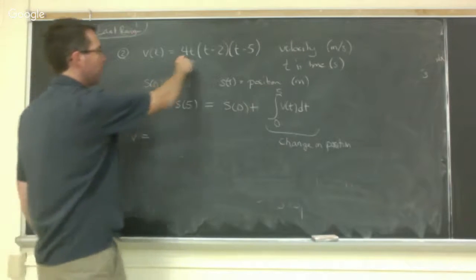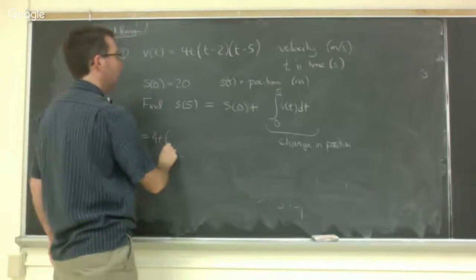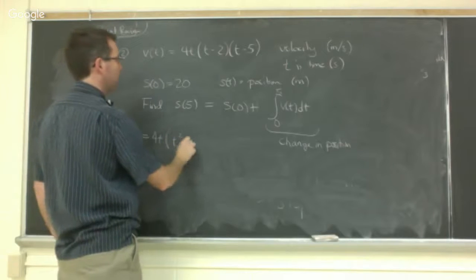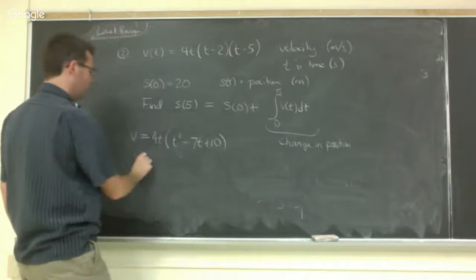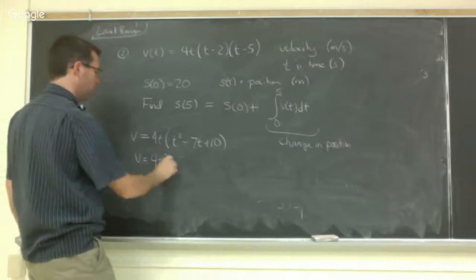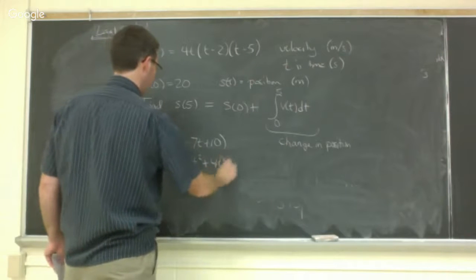So what would I do? I'd multiply it all out. 4t, FOIL that out, t squared minus 7t plus 10. So my velocity is 4t cubed minus 28t squared plus 40t.